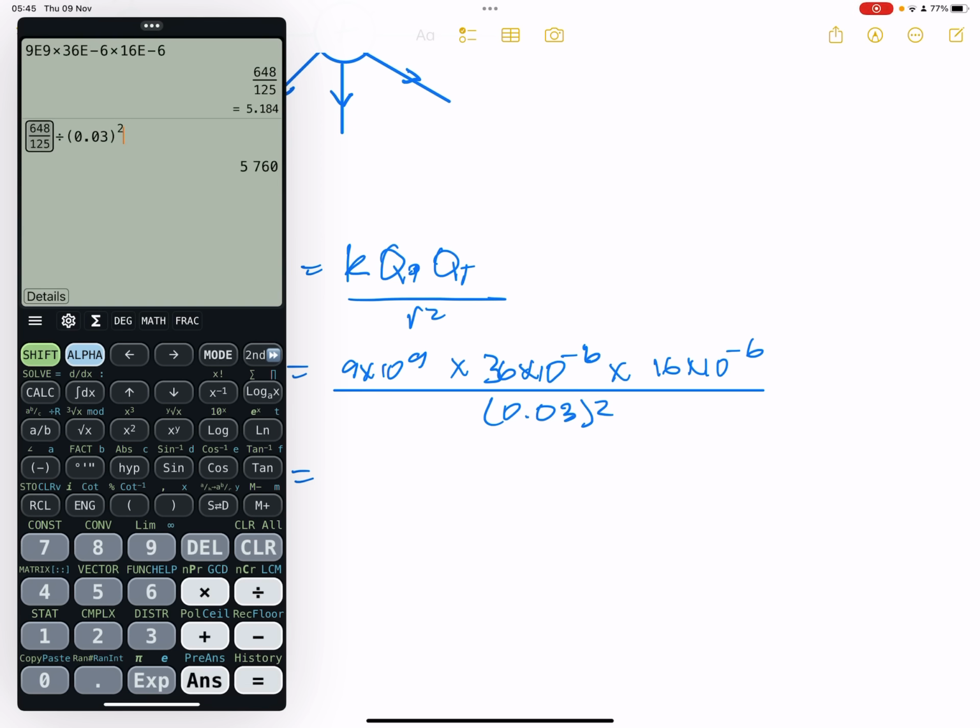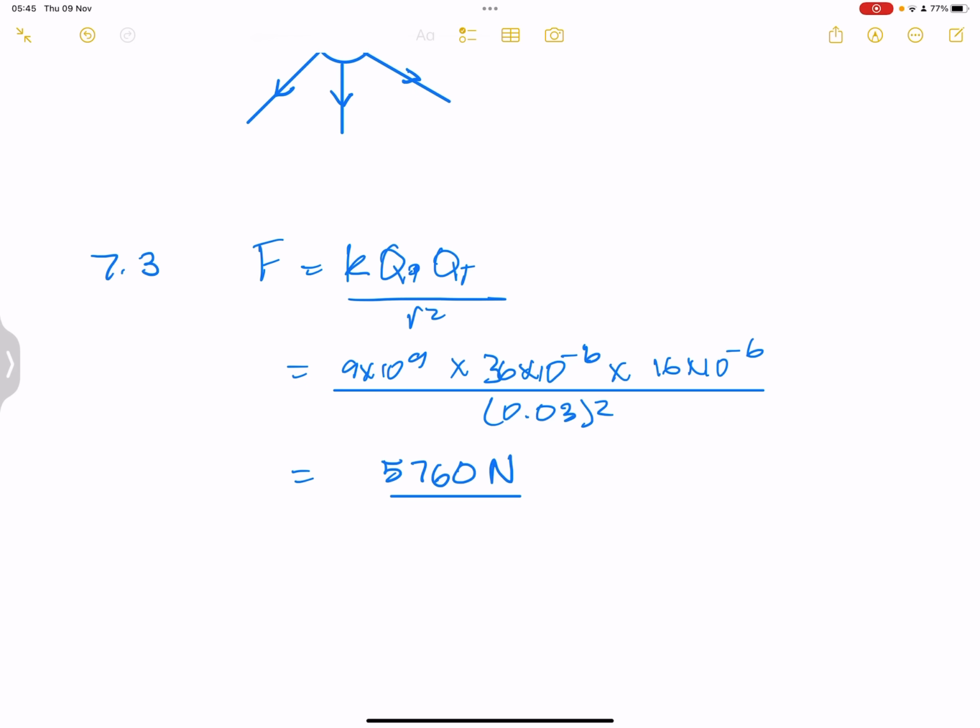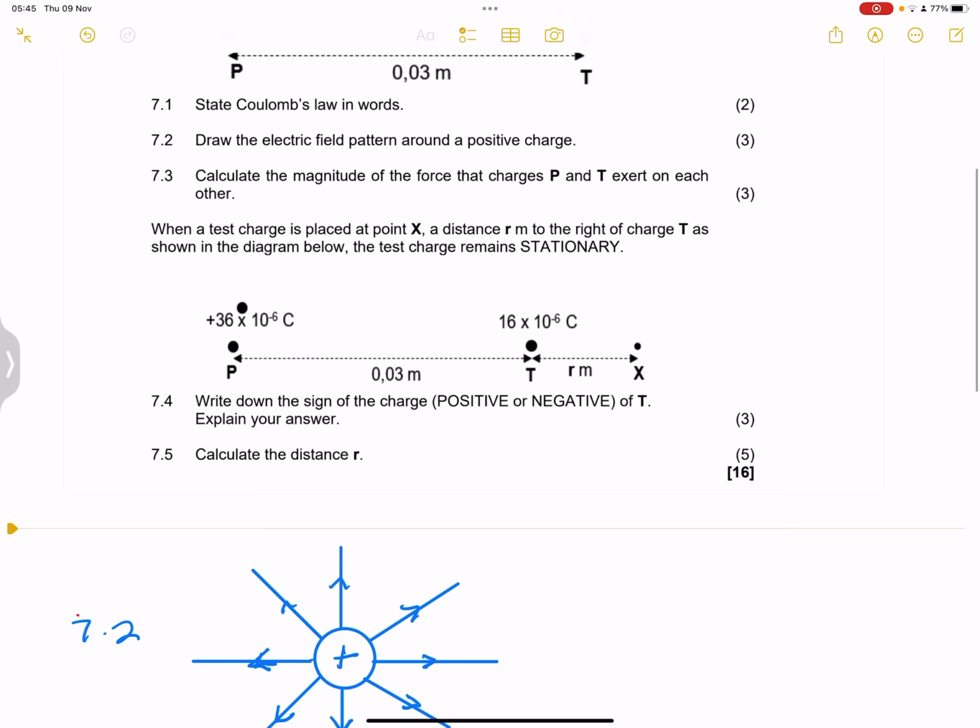I get a force of 5,760 newtons. Please verify it for me and let me know if you get the same answer. We don't know whether it will be a force of attraction or repulsion because we do not know whether T is actually positive or negative. But nonetheless, that is the magnitude of the force.